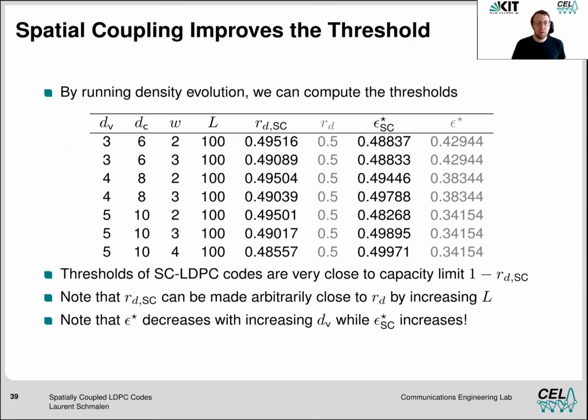Okay, so here's a big table. I won't go into it, but we can see that the thresholds that we get are actually very close to the capacity of the erasure channel, which is 0.5. So we can actually calculate the thresholds, and we get very close to the capacity of the binary erasure channel.